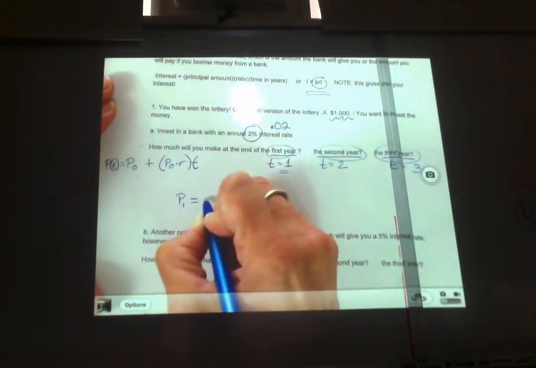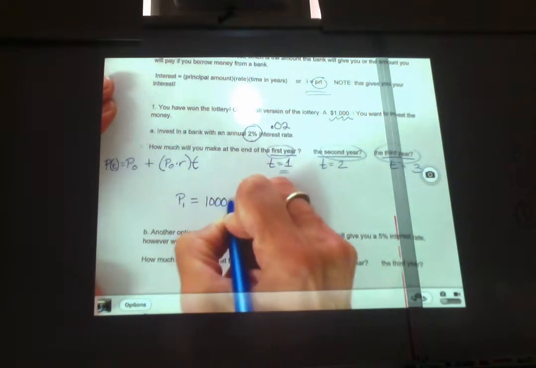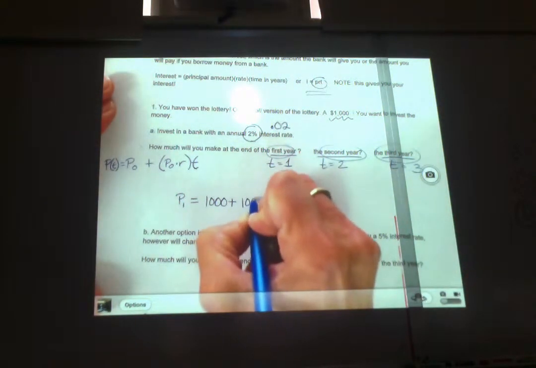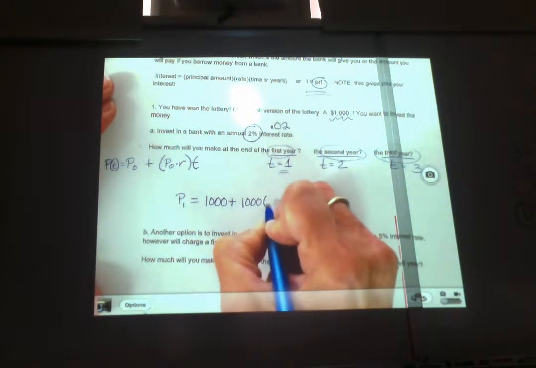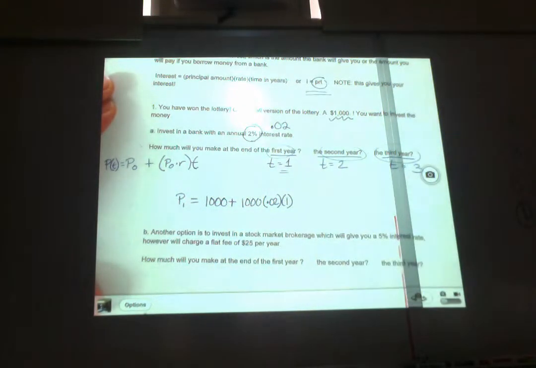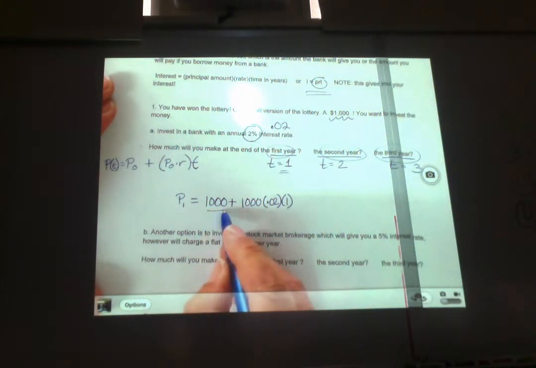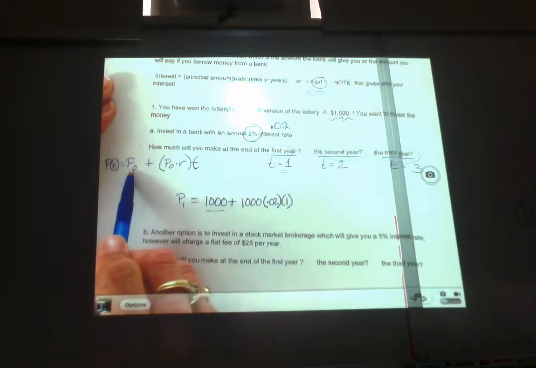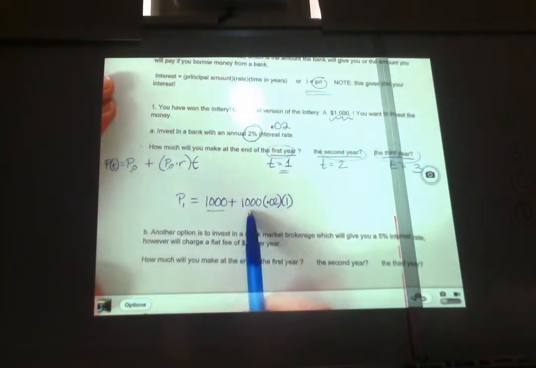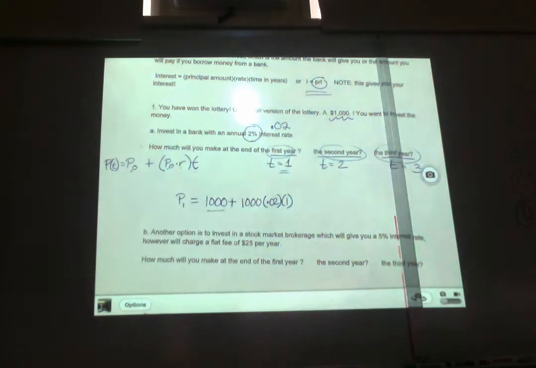P1 is going to be the 1,000 that we start with plus 1,000 times the rate times the time. This is the principal, that's P0. And this is principal times rate times time. 1,000 times rate times time.